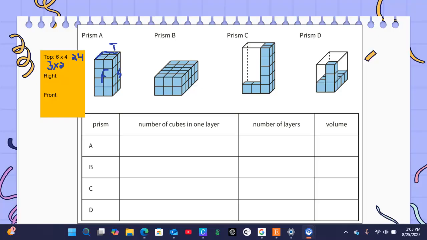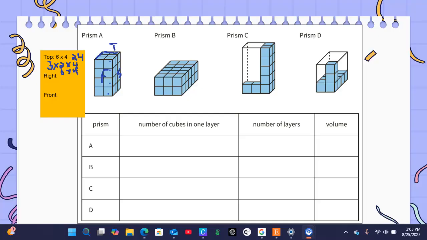From the top to the bottom, we have 1, 2, 3, 4. So this expression would be written as 2 times 3 times 4. Now let's double check to see if our answer is still the same. Well, I know that 3 times 2 equals 6, and I know that 6 times 4 equals 24. So our answer is correct for the top.